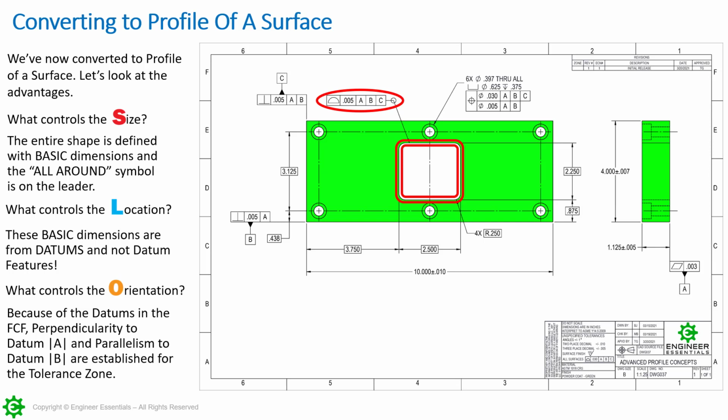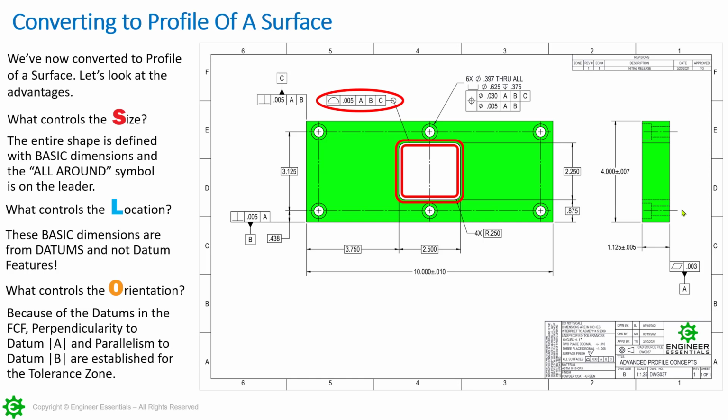It's going to take that tolerance zone and orient the tolerance zone to that datum first, so to the primary datum. Now, if this primary datum could locate it, it will, but in this case, it cannot. Orientation is the only thing established here. But that's something I always try to point out to the students right away, is that first datum is going to orient a tolerance zone. And then if it can locate it, it will. If it cannot, we'll move to the next one.